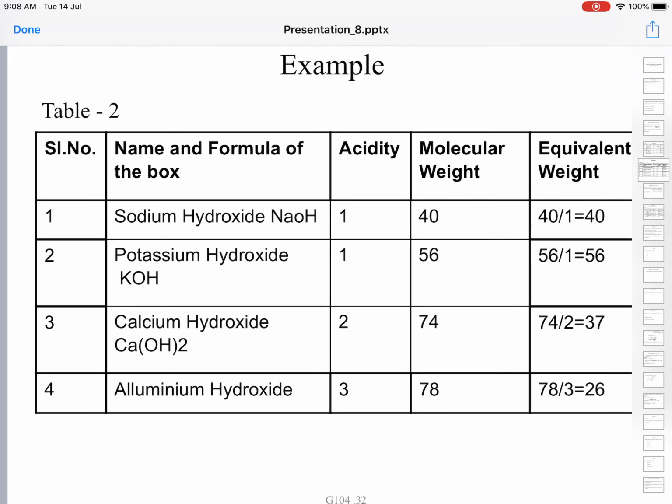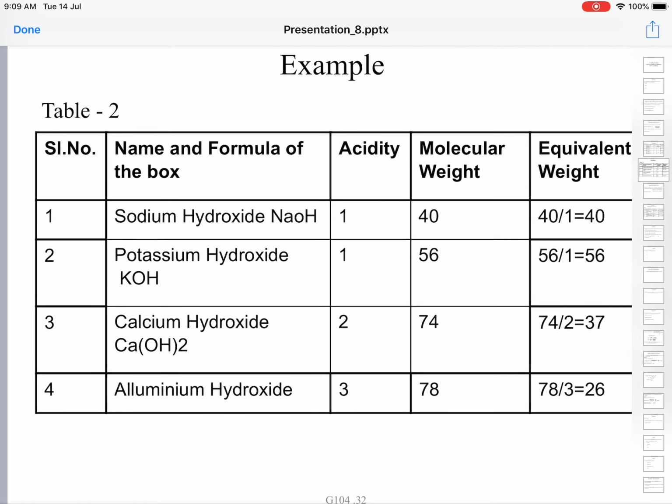Equivalent weight of a base is defined as the ratio of the molecular weight of the base to its acidity, where acidity is the number of replaceable hydroxyl ions, or the number of hydroxyl ions furnished by a given base on ionization in a polar solvent.